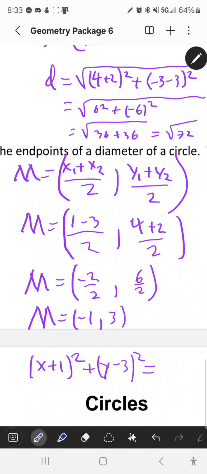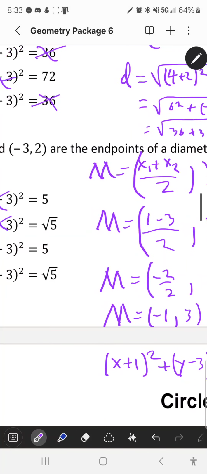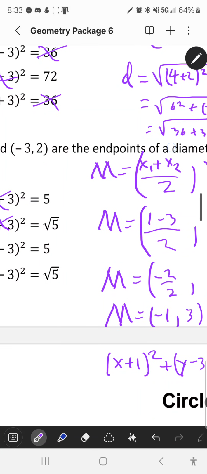Now let's look at the radius. We have the diameter, so we can either calculate the distance from a point to the midpoint, or the distance between the 2 points they give in the question and divide it by 2 because that's the diameter. But I'm just going to calculate it to the midpoint so I don't have to divide it at the end.